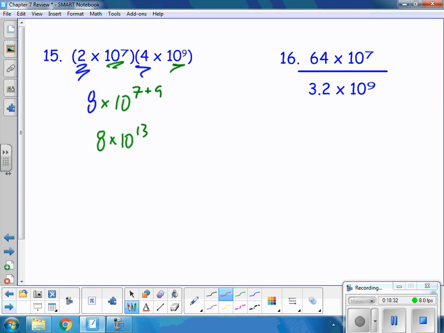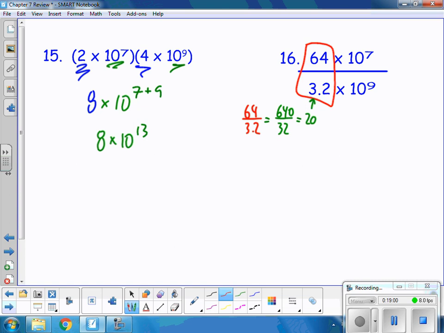Same thing is happening over here. 64 and the 3.2. Now I'm going to take the 64 and 3.2, and I'm going to, on the side here, multiply both of them by 10 so that I can end up with 640 over 32. Helps me see a little bit easier what math needs to happen. 32 goes into 64 twice with 0, so I know right now that this simplifies to 20.